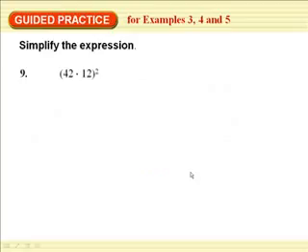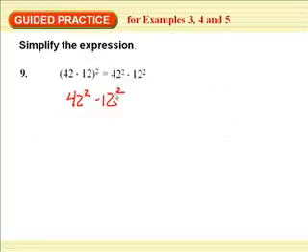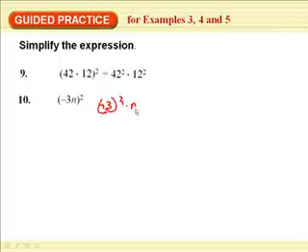All right, so simplify the expression. This one would be 42 squared times 12 squared. And I don't think, yep, that's how they want it. Oh, let me erase, sorry. This is going to be negative 3 squared times n squared.